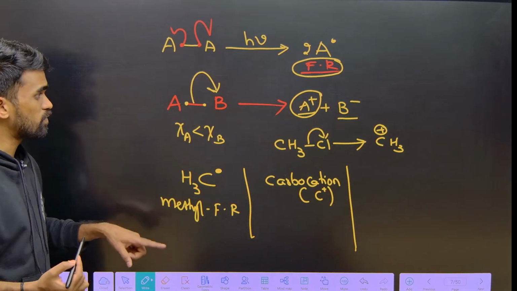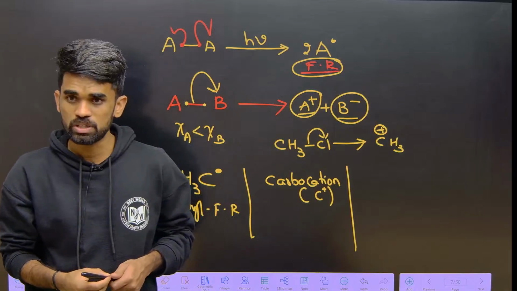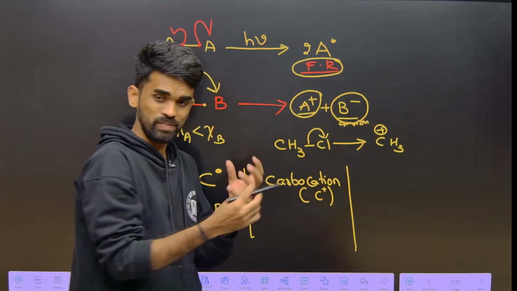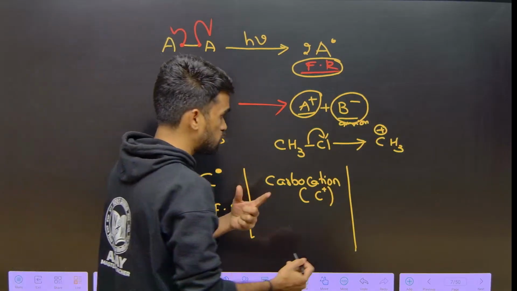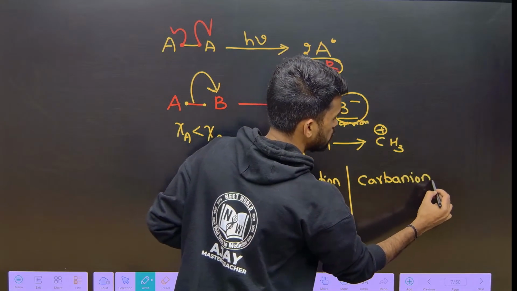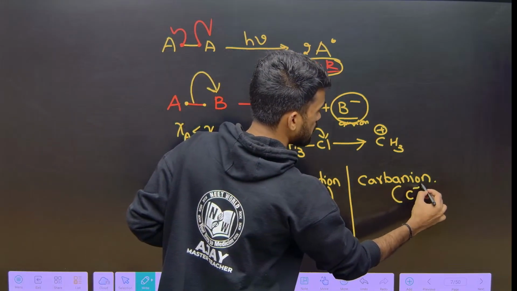Next, there is also a negative charge. In that case, this is cation, this is anion, right? So we should call carbon with a negative charge a carbanion. So one more species formed is the carbanion, C minus, like this.